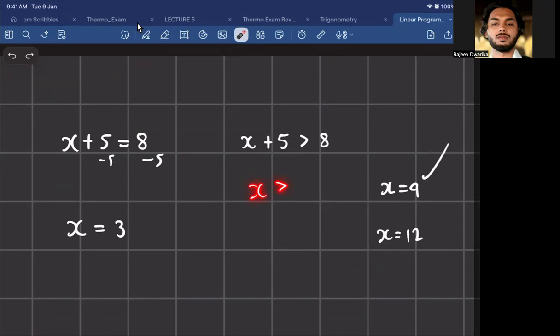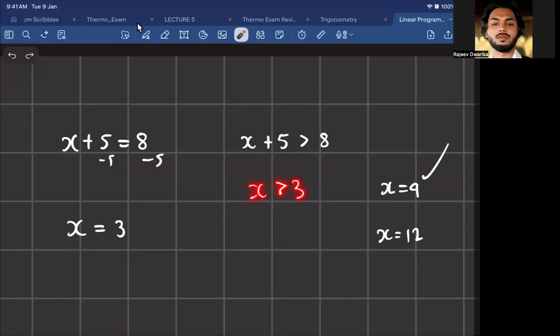If you said the smallest value is 4, x has to be more than what? 4 works, so you can't say more than 4, because 4 is part of the solution. So it can't be anything less than 4. Exactly. I'm trying to nudge you in the right direction. So you're telling me it had to be at least 4, right? What number is before 4? 3. So x has to be more than 3.